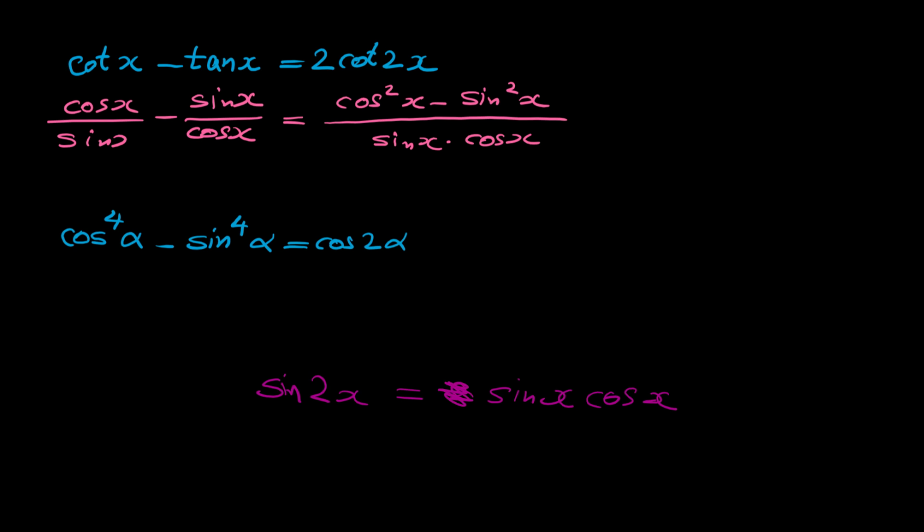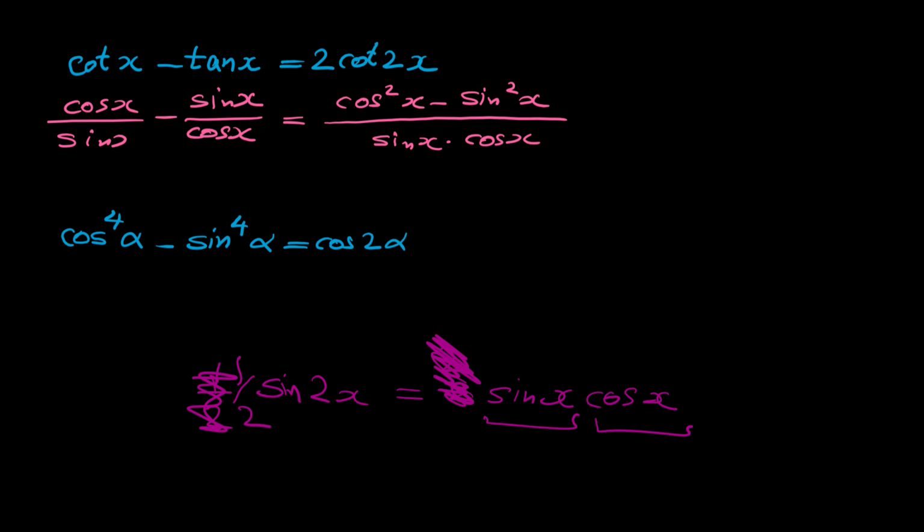When we don't have these 2 here and only have sine x cosine x, sine x times cosine x is basically 1/2 sine of 2x. Why? Because we have a 2 here. By dividing both sides by 2, this 2 is gone from here and we have a 1/2 here, or sine of 2x divided by 2. It's the same as 1/2 sine of 2x.